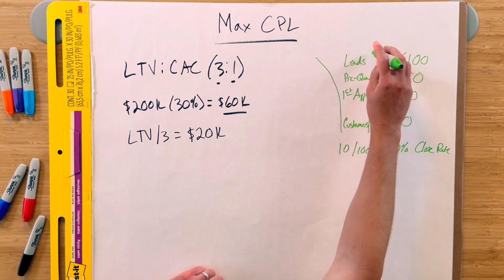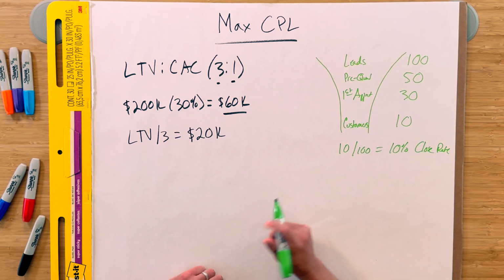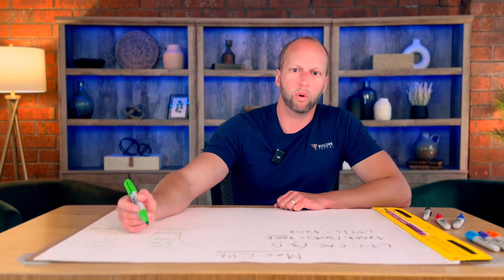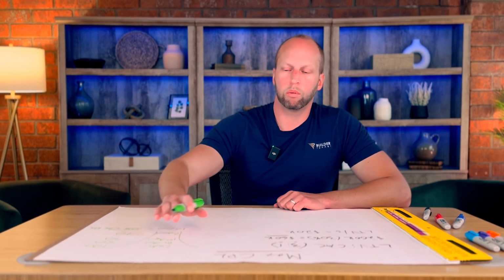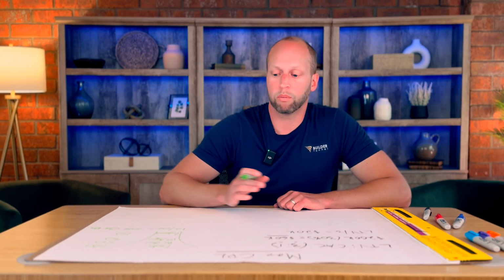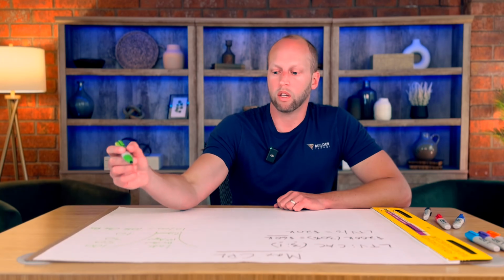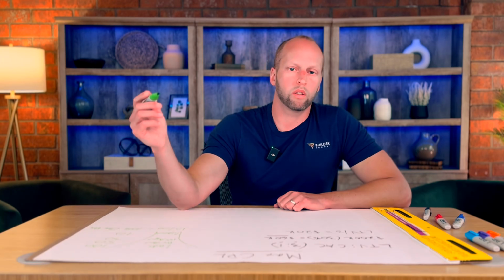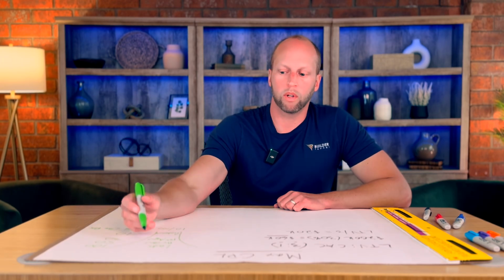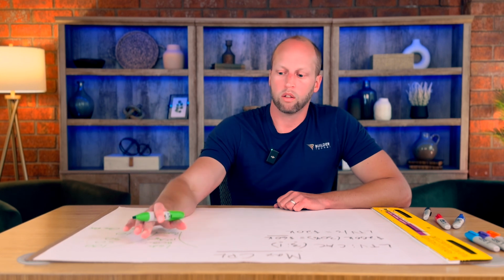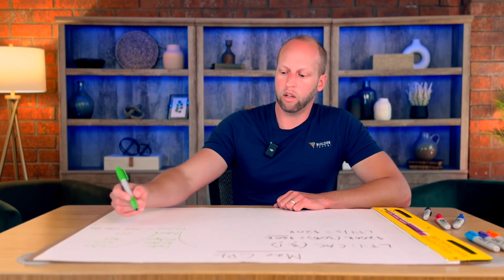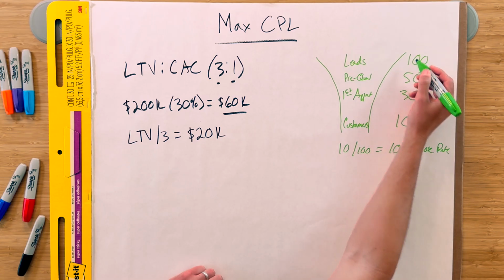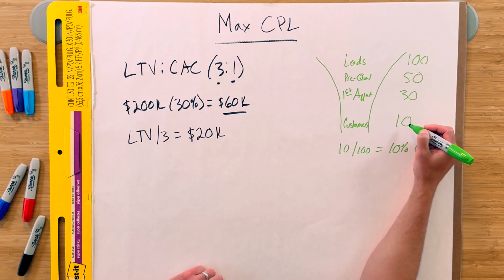And we want to do this off of raw leads, not qualified leads, not leads we want to book an appointment with, just anyone coming into the system. That could be somebody downloading something on your website. It could be somebody that requested a consultation, filled out a contact us form, somebody that subscribed to your newsletter. We want all leads. And so we have a 10% close rate from leads all the way to customers.